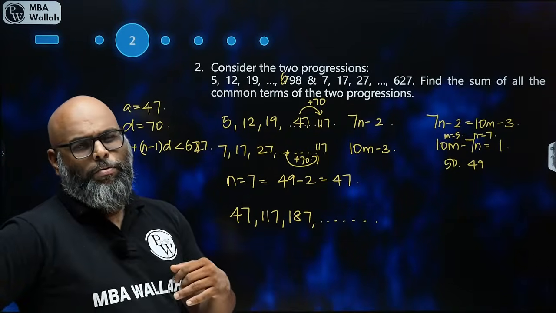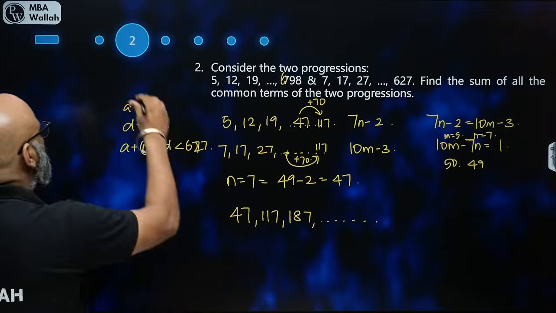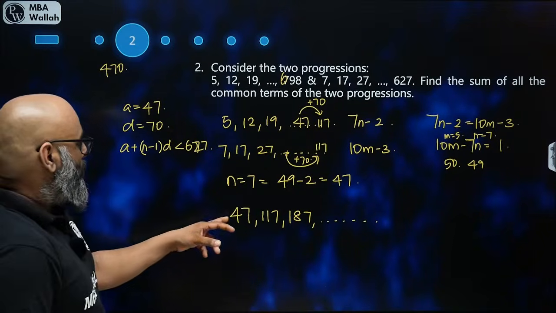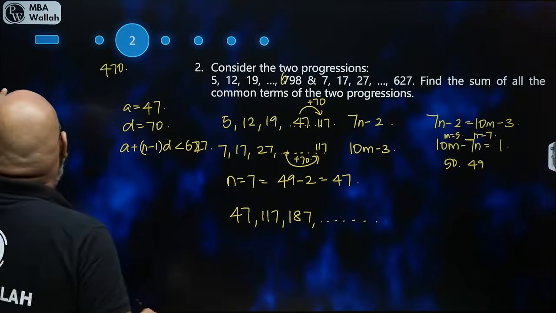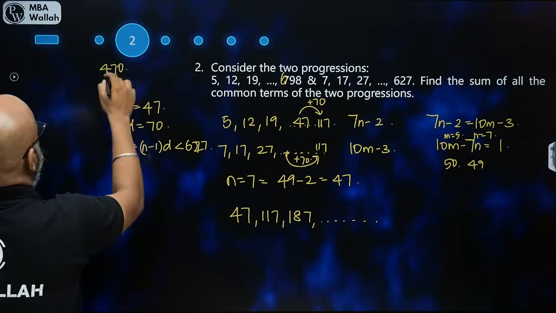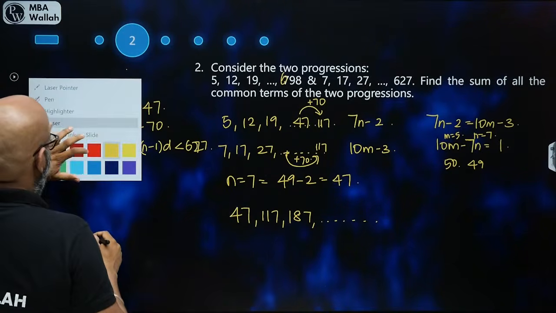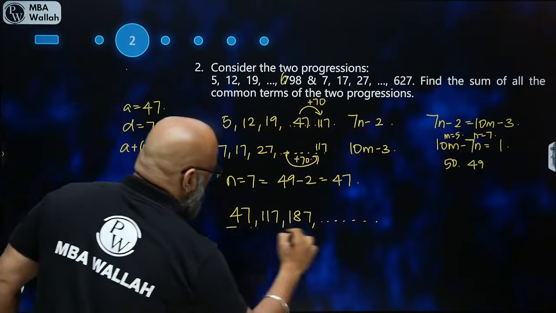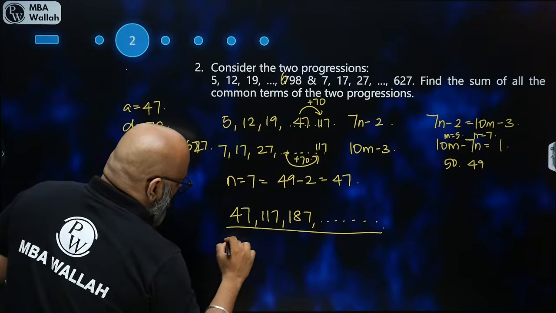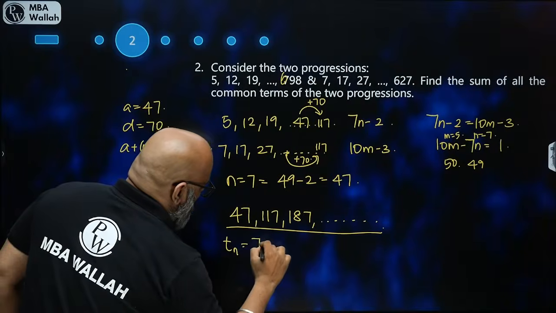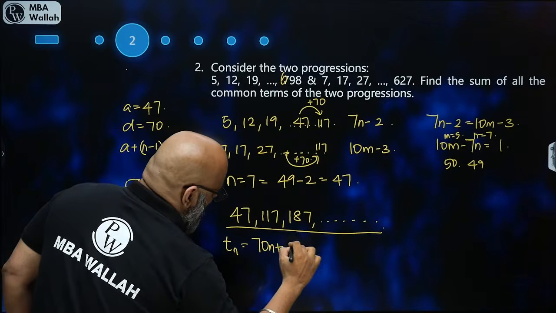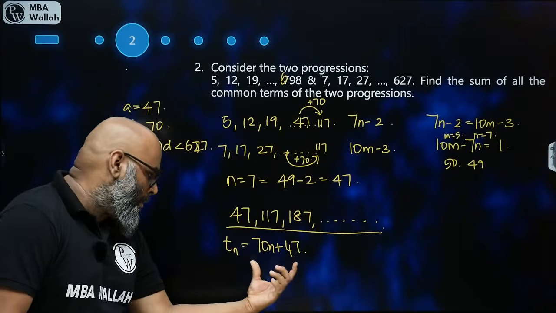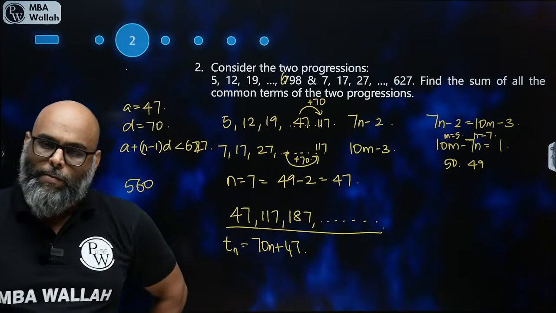You can solve it using an equation, or I am thinking about this as 47. So I can go to 470, until 470 will work. Oh, 47, 70, 70, 70. Not 470, sorry. We can go till 560, because in this series, any Tn is of the form 70n plus 47. All the terms in the series happen to be of the form 70n plus 47.